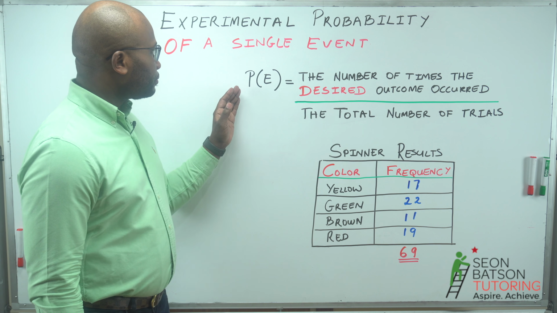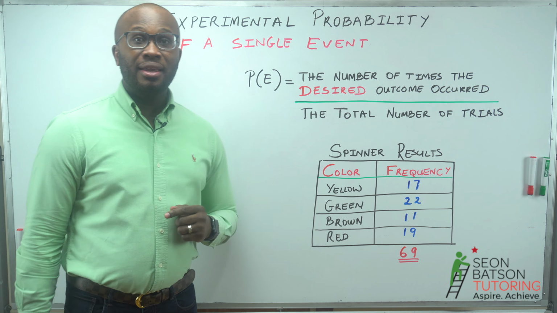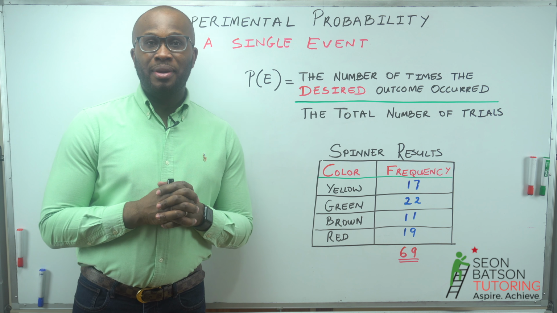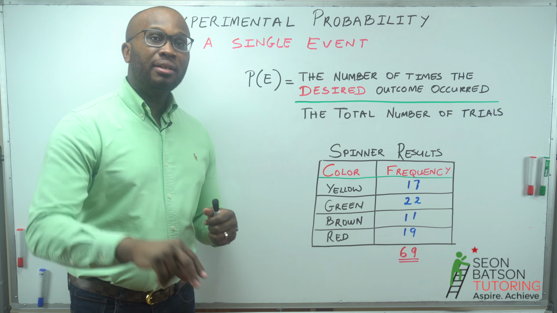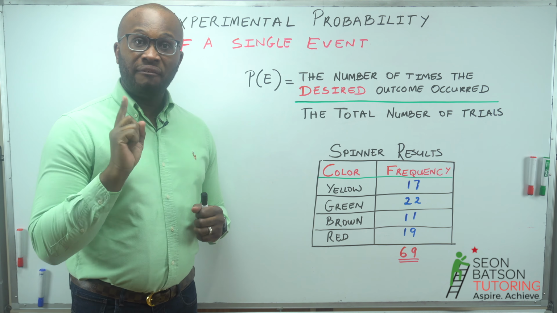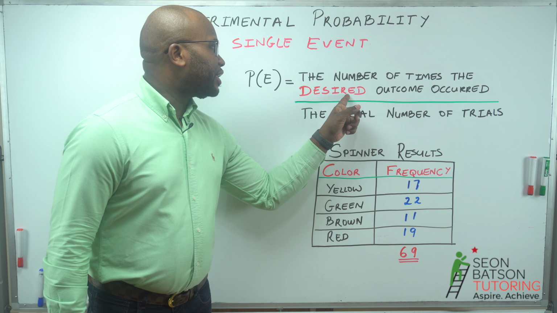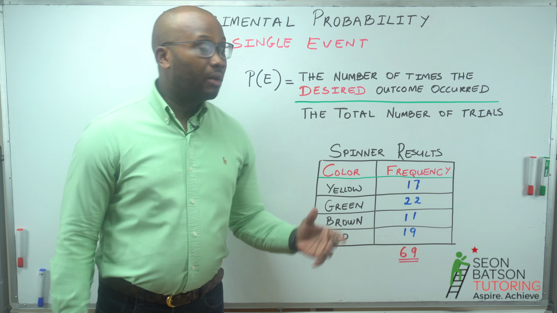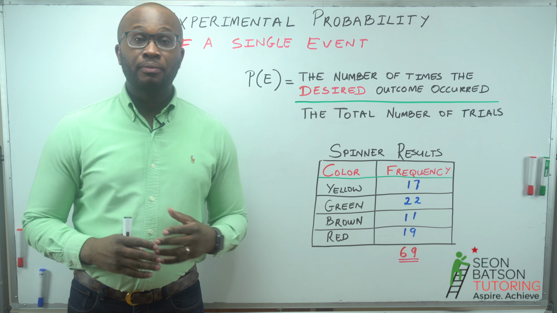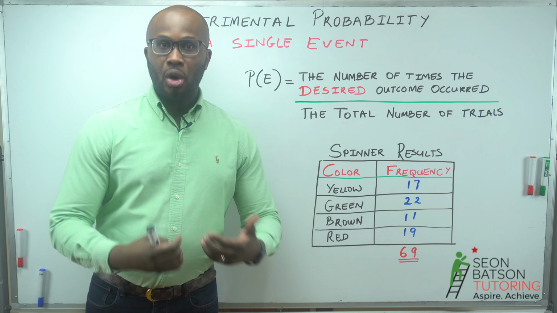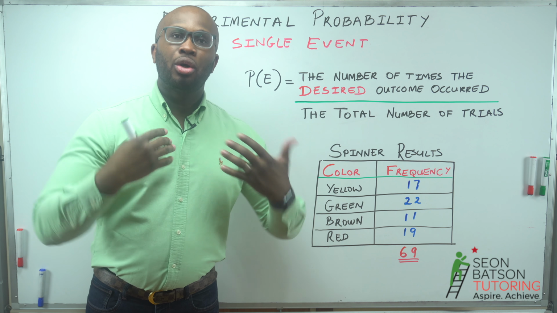Now, to find the experimental probability of an event, we will need two things. First, we will need the number of times the desired outcome occurred. The desired outcome is the outcome we want, or the outcome we are looking for.